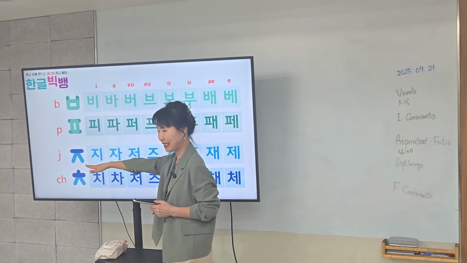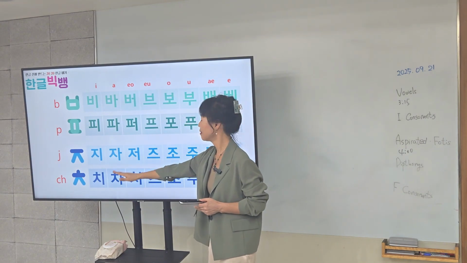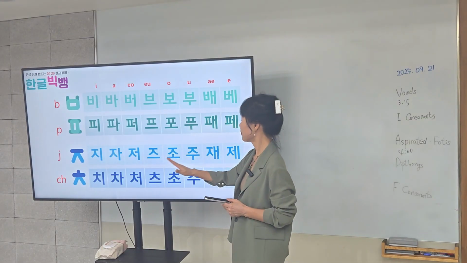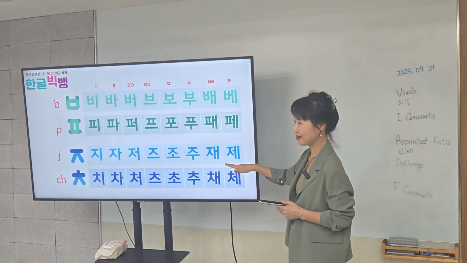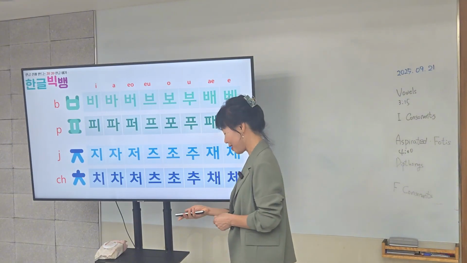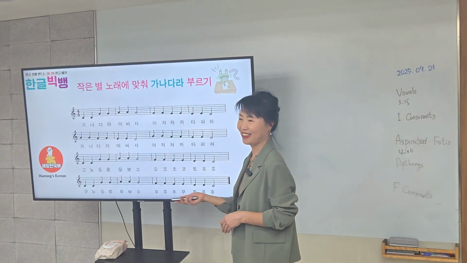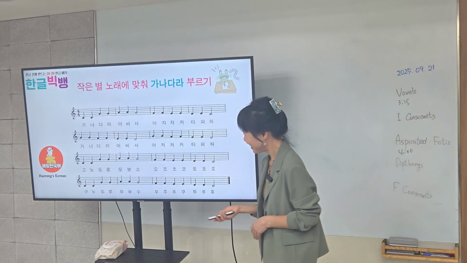So 지. 치, 자, 차. Okay. 저, 초, 주, 추, 조, 초, 제, 채. Wow, good job. And I have a YouTube channel, so you can practice like this. 가나다라마바사 아자차카카타.